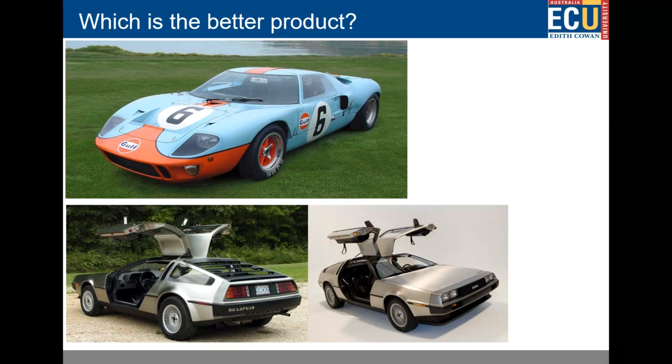These are all secondary objectives to the main objective, which is to win races. So is it a successful product? Only if it met that main objective, and it did. It won four times at the 24 Hours of Le Mans, so you would say that this is a successful product.